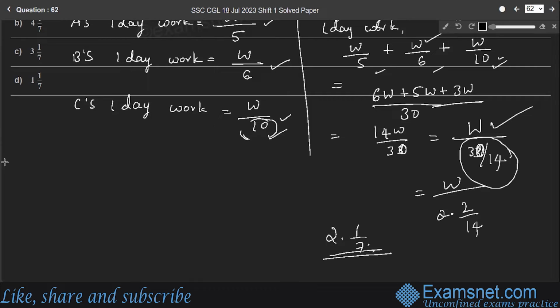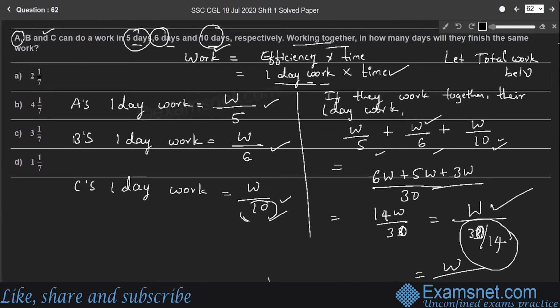So A, B and C, if they start working together, take 2 integer 1 by 7 days to complete the same amount of work, right? You can also convert 30 by 14 as 15 by 7, so anything is fine here. 2 integer 1 by 7. Option A is the right answer.